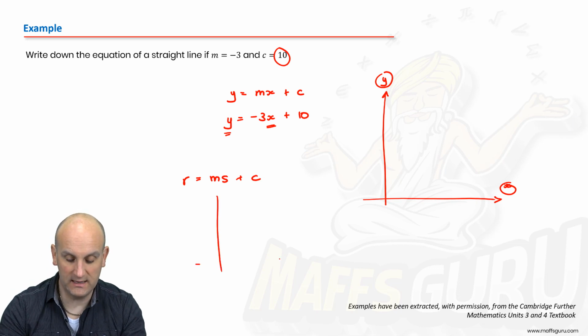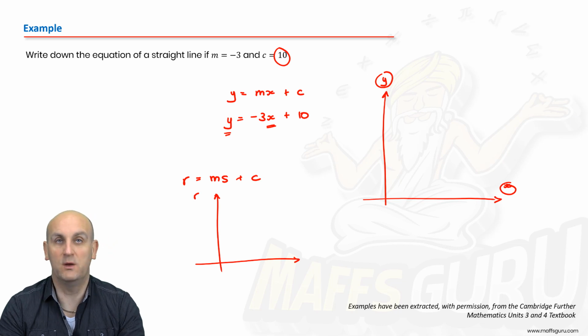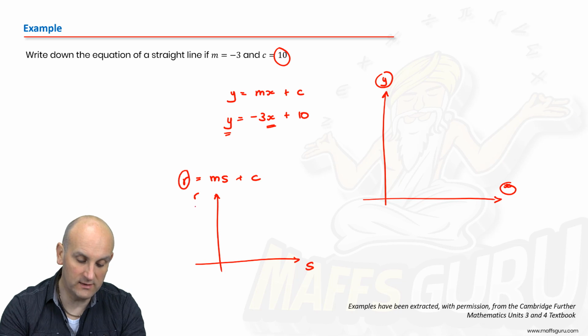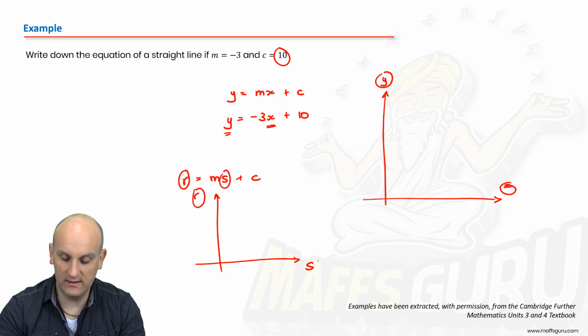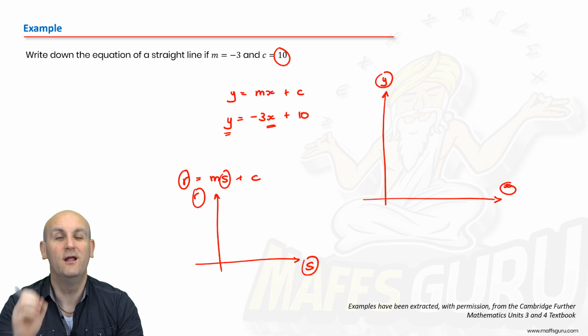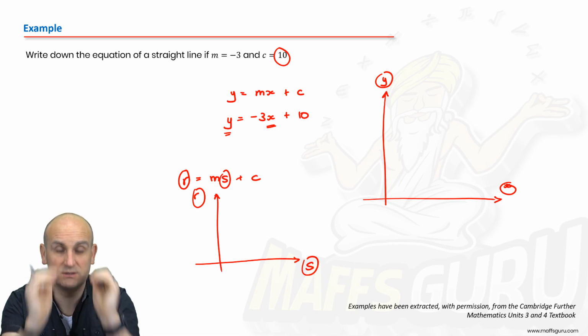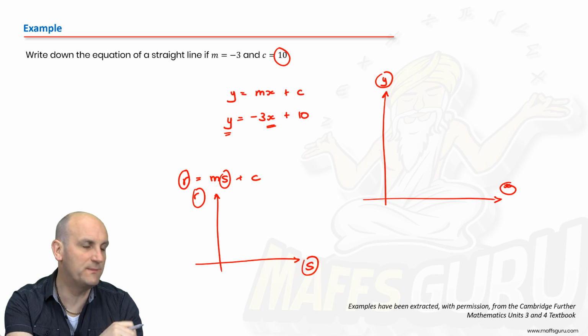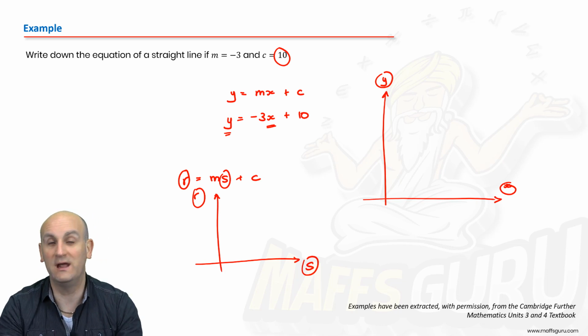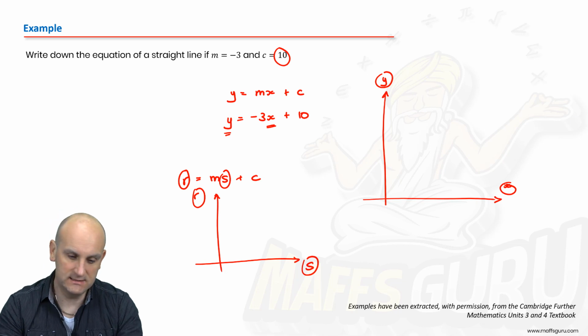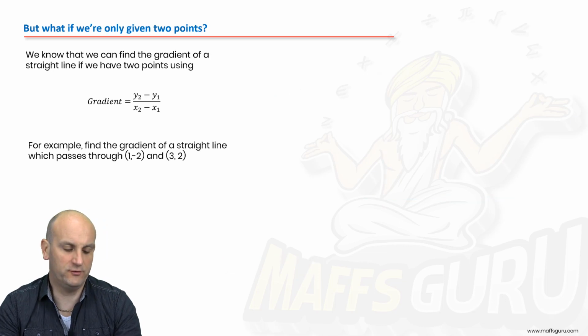The only thing that's different here, and we always keep the m and the c as the same values, is that the r is my y-axis and the s is my x-axis, right? So this r value here is this r value here, and the s value here is the s value here. So again, lots of times we try and trick you in maths by using different letters because you get so used to using x and y's, we throw a spanner in the works and suddenly you crash and burn, and I hate it. Maths is nothing more than a big fat trick, and it offends me that we try and trick you. But hopefully I'm here to teach you about all the different tricks.